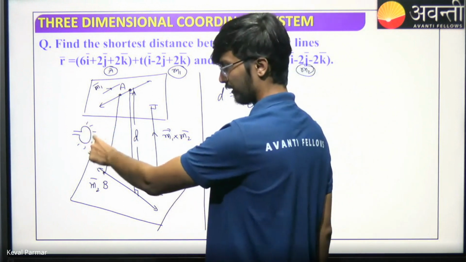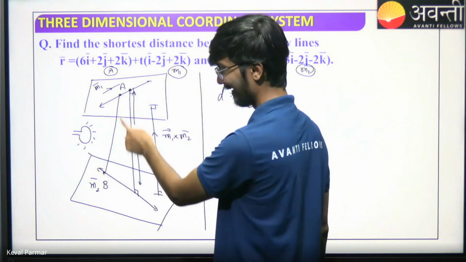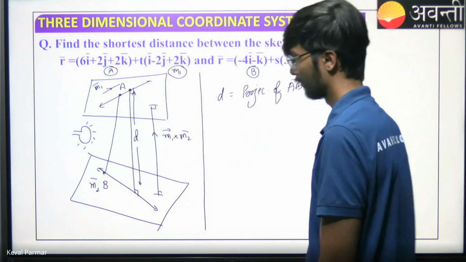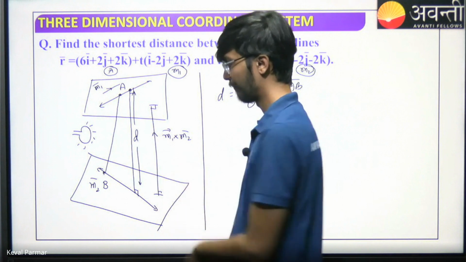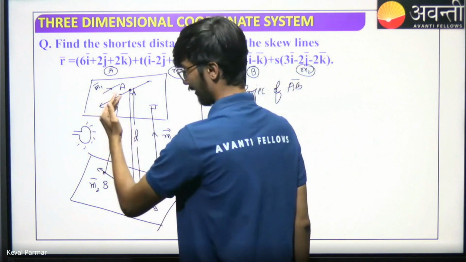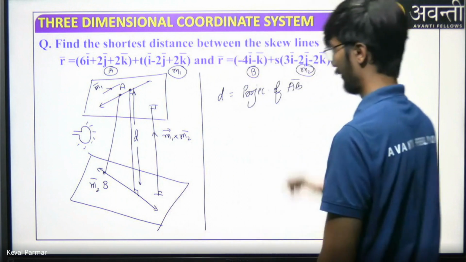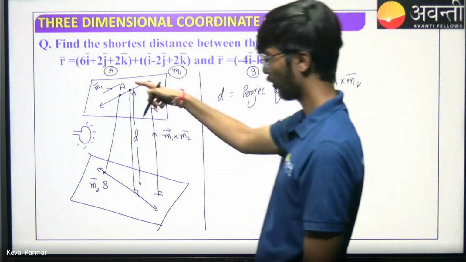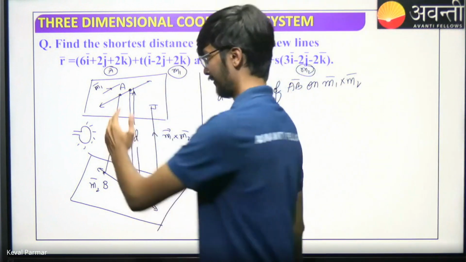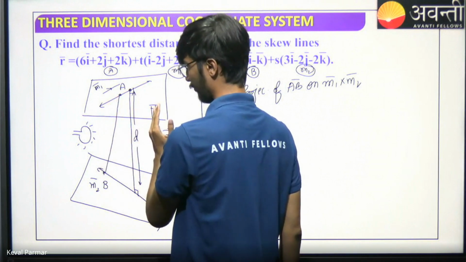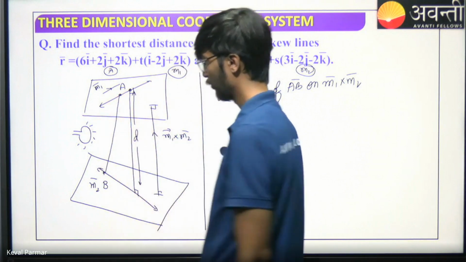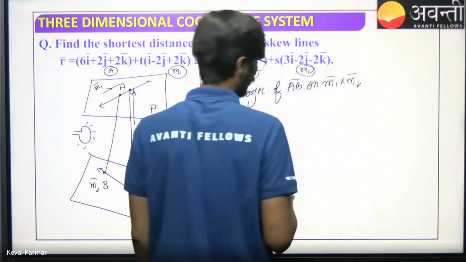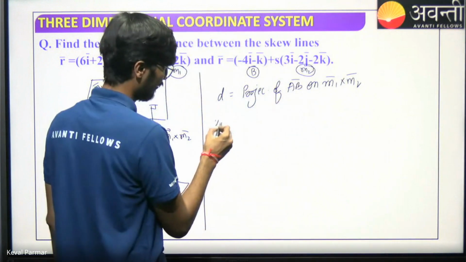If I switch on the light from here, that is the shadow of AB. So the projection of AB on M1 cross M2 will give me the shortest distance D. I hope it is clear. If I take the shadow of this on M1 cross M2, it will be the shortest distance which is required.